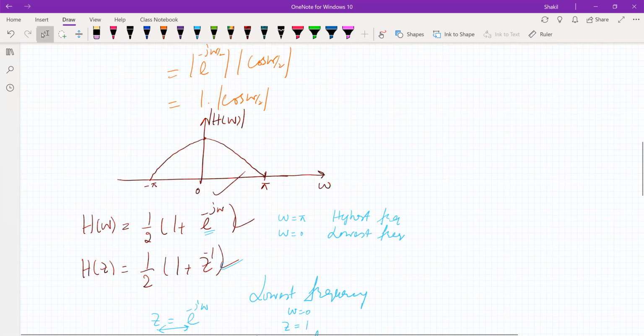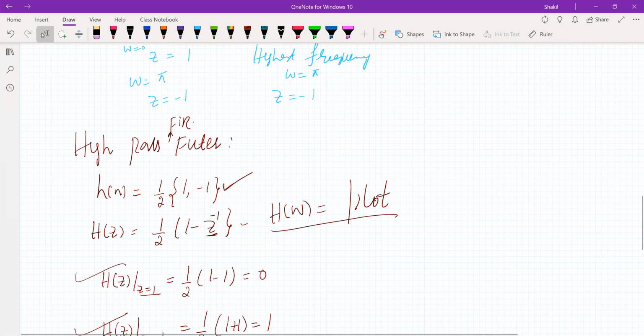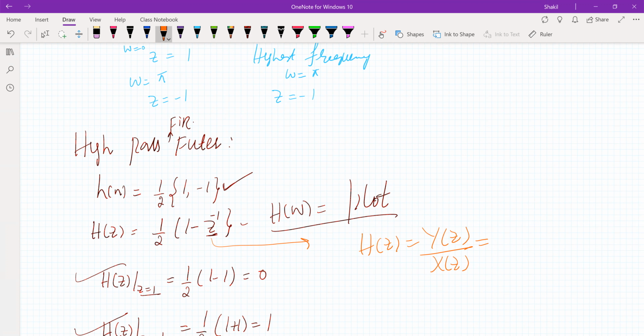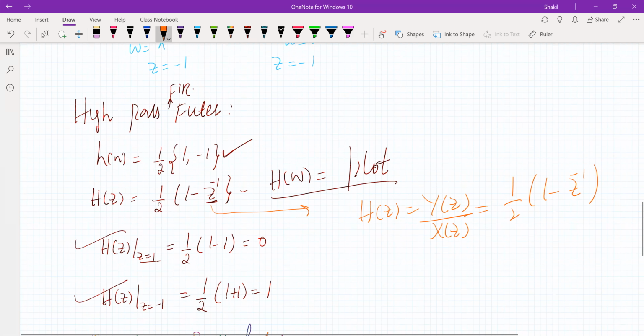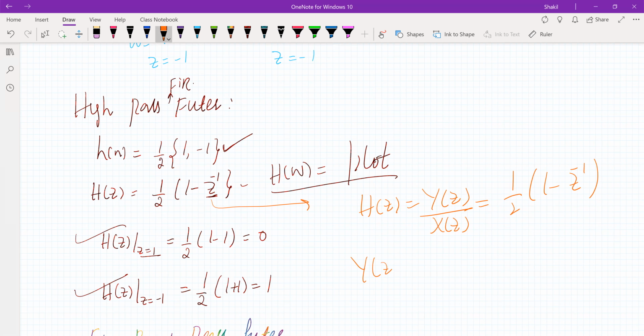Same way, the difference equation expression of this will be h of z, which is equal to y of z by x of z is equal to 1 by 2, 1 minus z inverse. Rearranging these terms, we will get y of z will be equal to 1 by 2 x of z minus z inverse x of z.